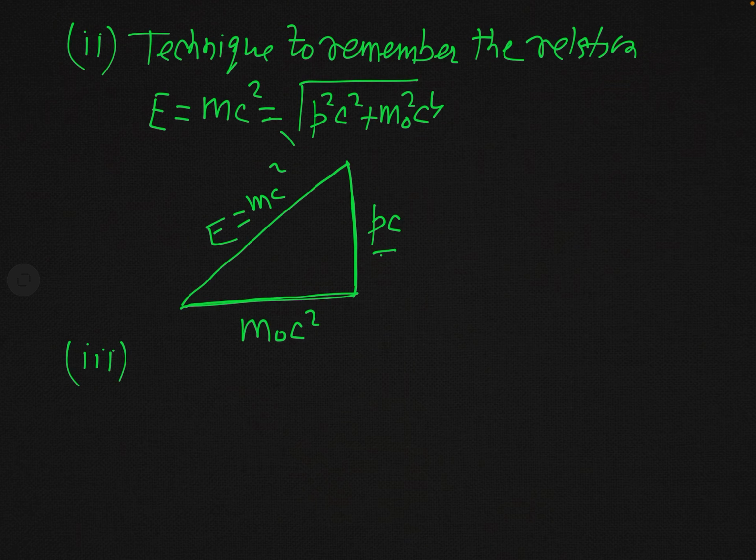Now we will discuss a very important idea about this relation containing the total energy and the total momentum of a particle. So you have seen that actually E is equal to the square root of P square C square plus m naught square C to the power 4.